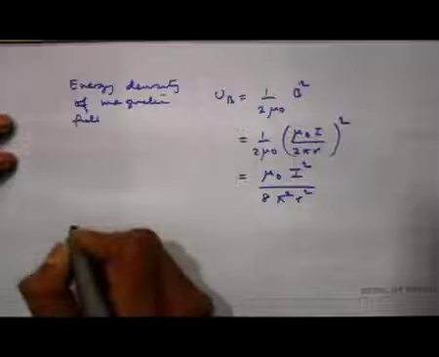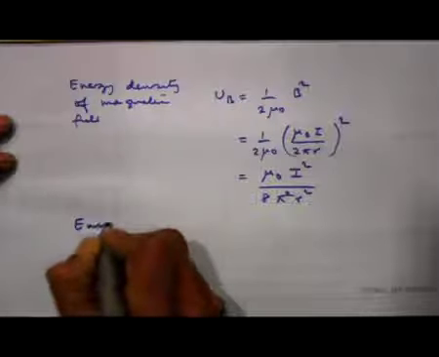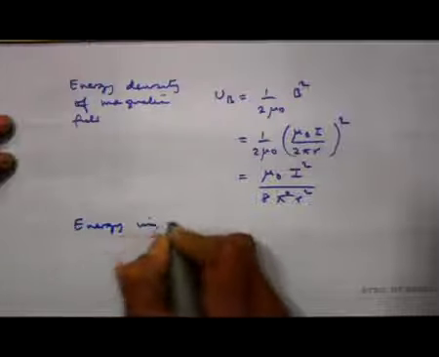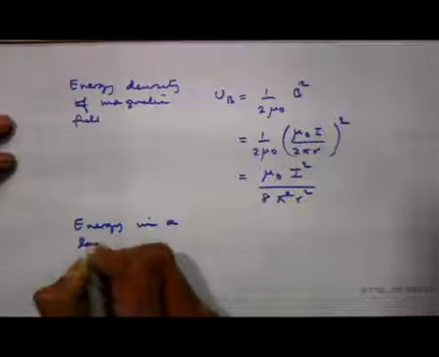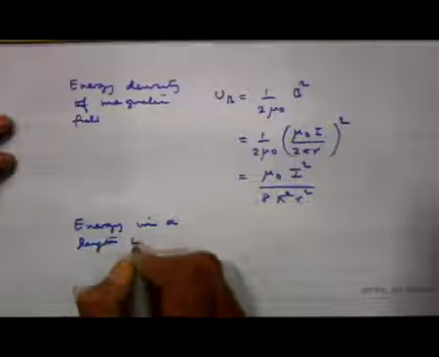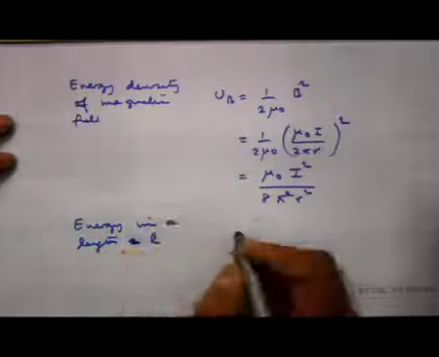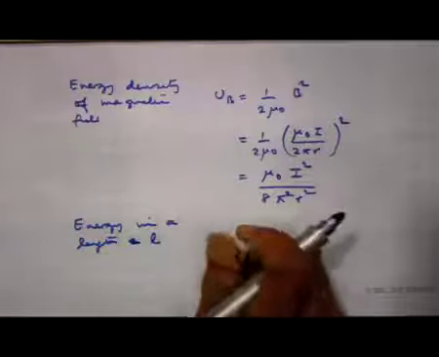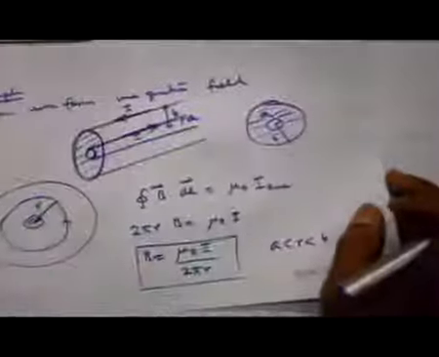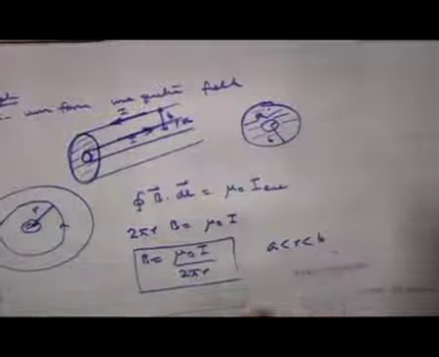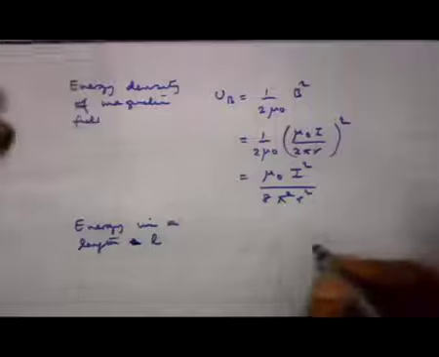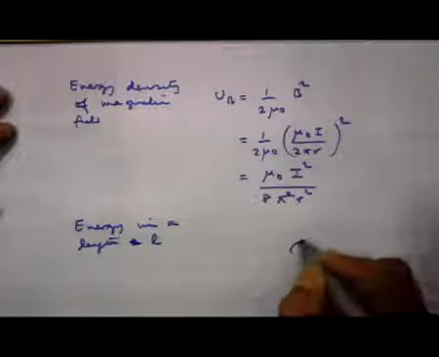So, let me calculate the energy in a length L. Let me put a small l, in a length small l. So, I must take a volume. What I need to do is the following, let me draw a figure here. I have this inner conductor and an outer conductor.